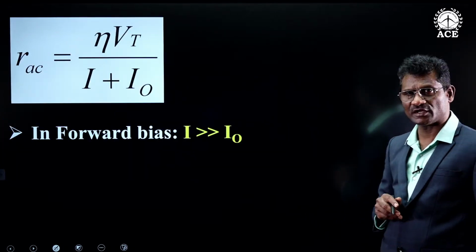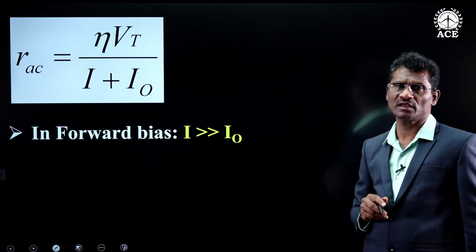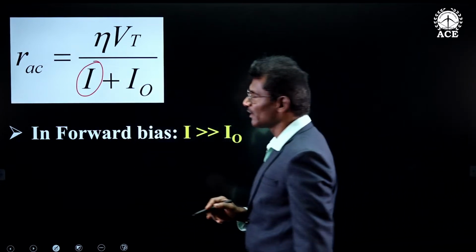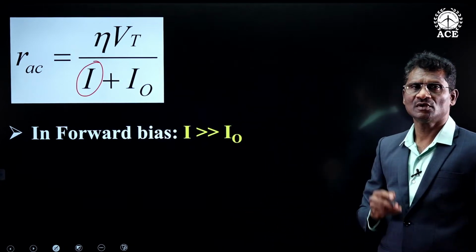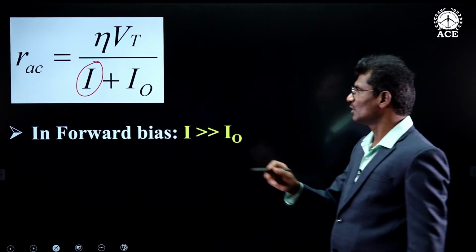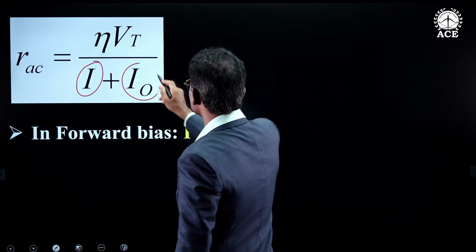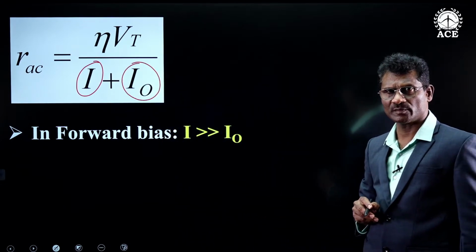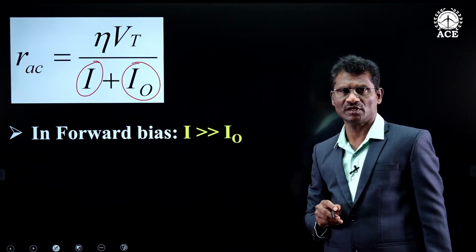In a forward bias diode, I is very much greater than I naught, because I is of the order of milliamps or amps in a forward bias diode. I naught, as we know, is a very small value. It is microamps for germanium, nanoamps for silicon.